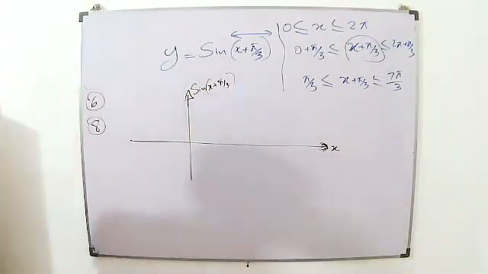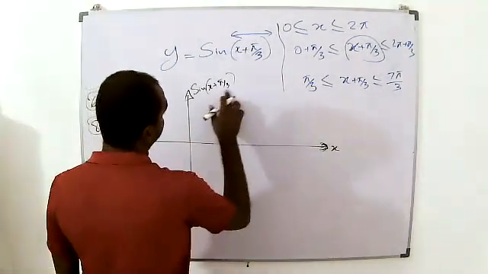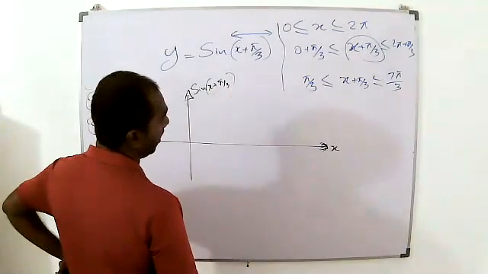I think it will be really easy if you substitute some values for x. So sine x plus π over 3, how can we draw it?